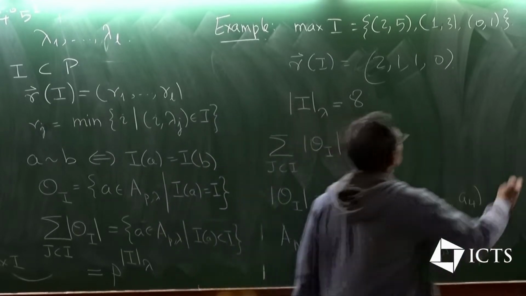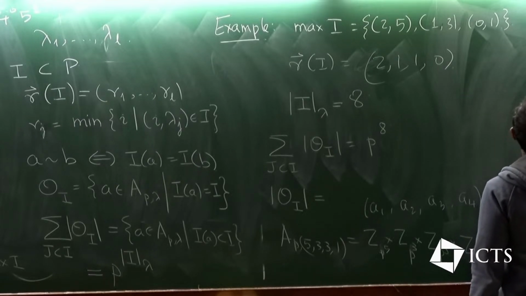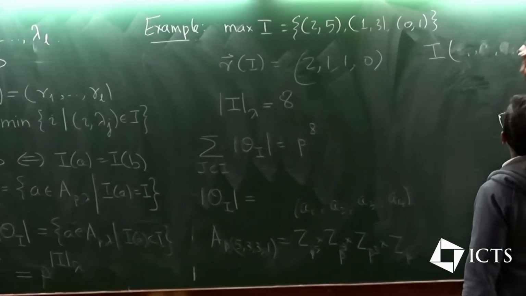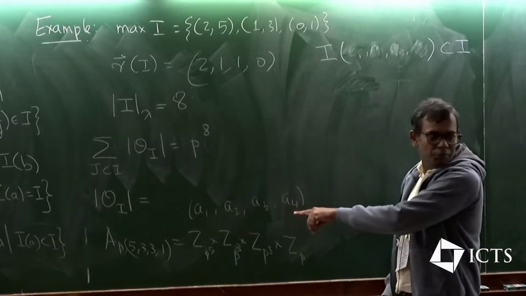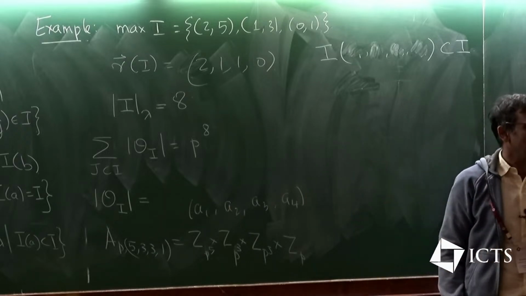So, being contained in I just means that a1 has to be greater than or equal to r. So let's write this like this. As I said before, we can just assume that these are powers of p because we can multiply by units without changing the orbit.